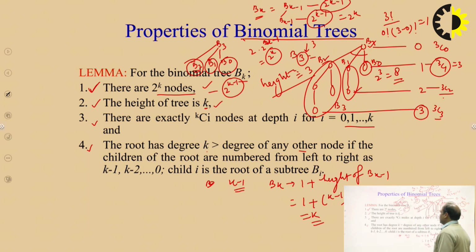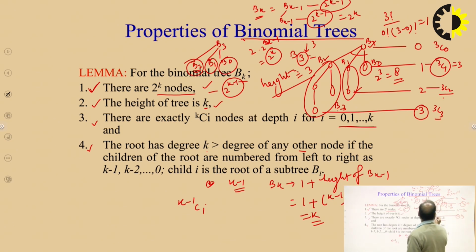There are exactly kCi nodes at depth i. In general, we assume that there are k minus 1 Ci nodes at depth i, where i ranges from 0 to k.